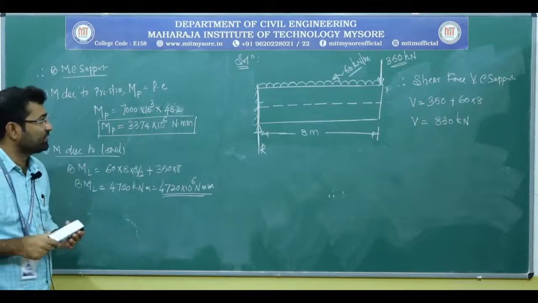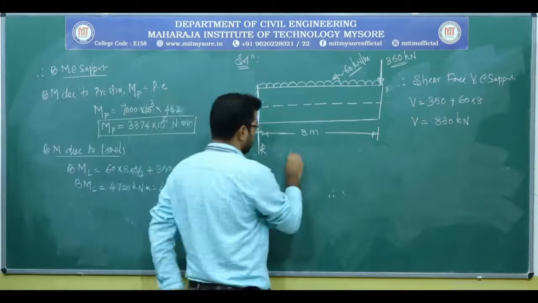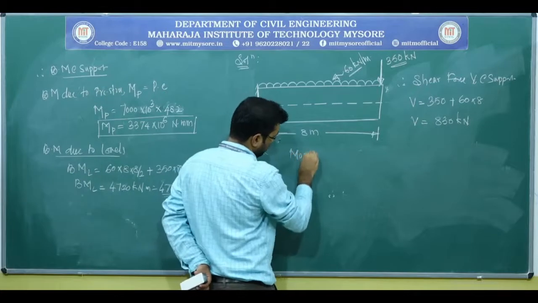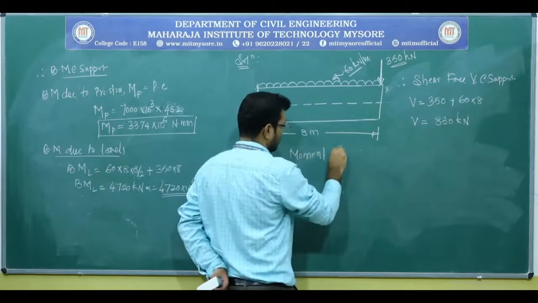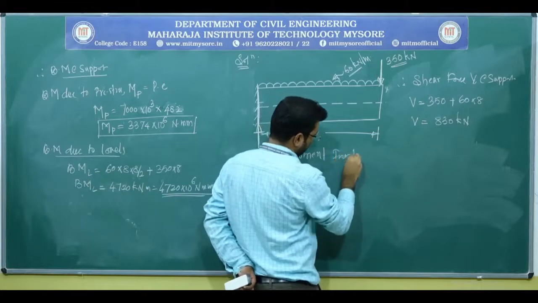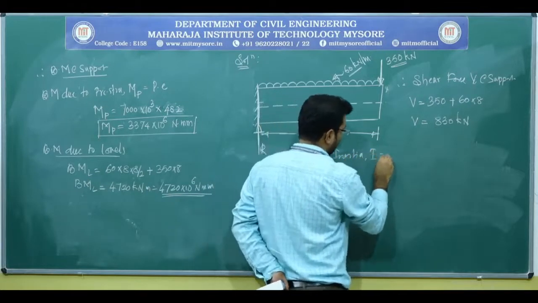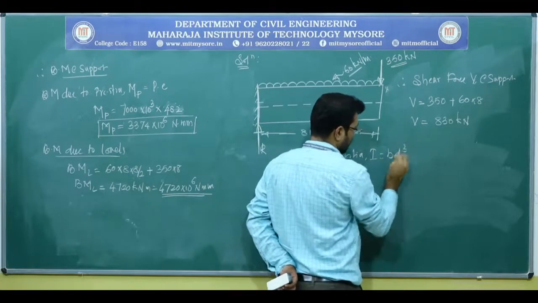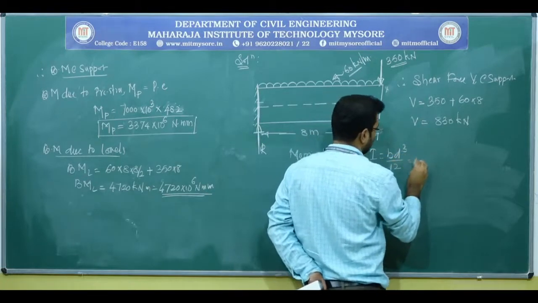Now before that, let me calculate the moment of inertia, because we need that in the calculation. Moment of inertia I is equal to, we know that it is BD cube by 12.